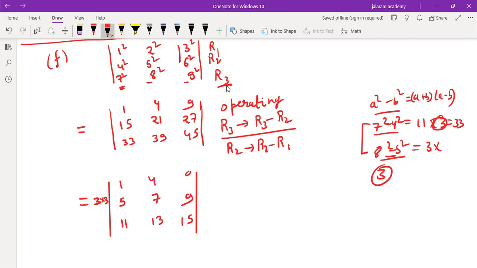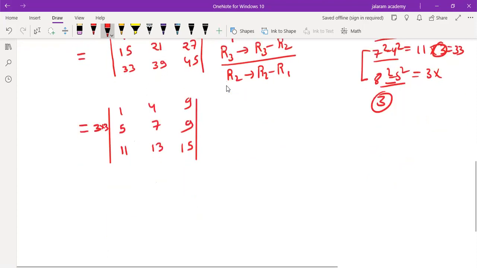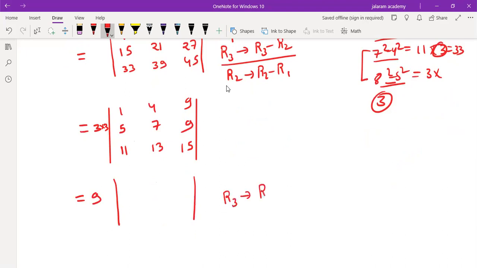Then 1, 4, 9. It is very clear that if R3 is operated as R3 minus R2, 11 minus 5, 6. 13 minus 7, 6. 15 minus 9, 6. So we can take 6 common again, which will bring 1, 1, 1.